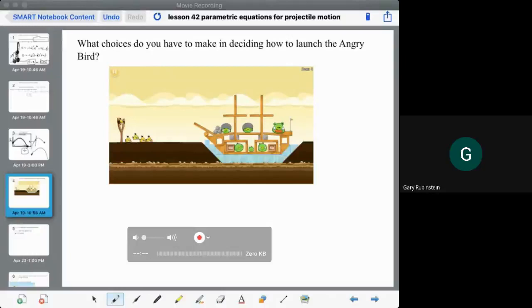But ignoring the whole point that what bird you choose might have an impact on whether you achieve the goal of knocking down the structure, what are the two decisions that you have to make in Angry Birds when you're going to do a move? You could type it in.